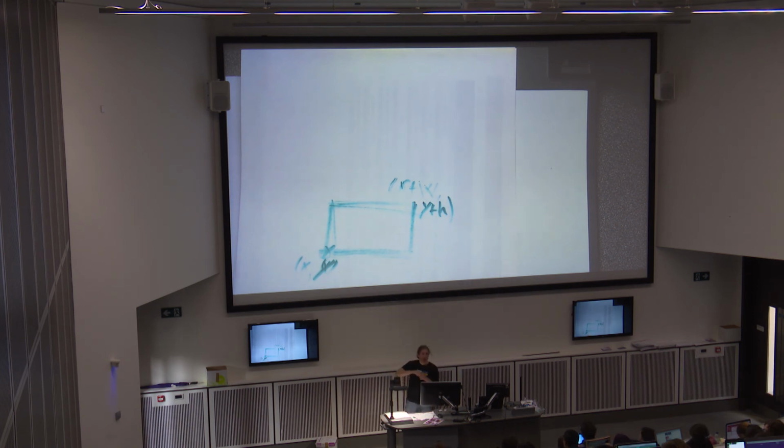And then you get the W and H, which is X plus W. So it's X plus the width and Y plus the height. So you can get the other corner. Okay? So we have that.